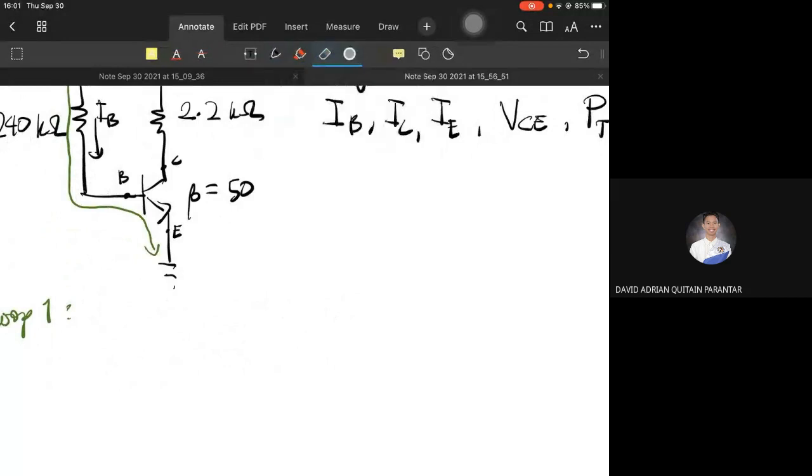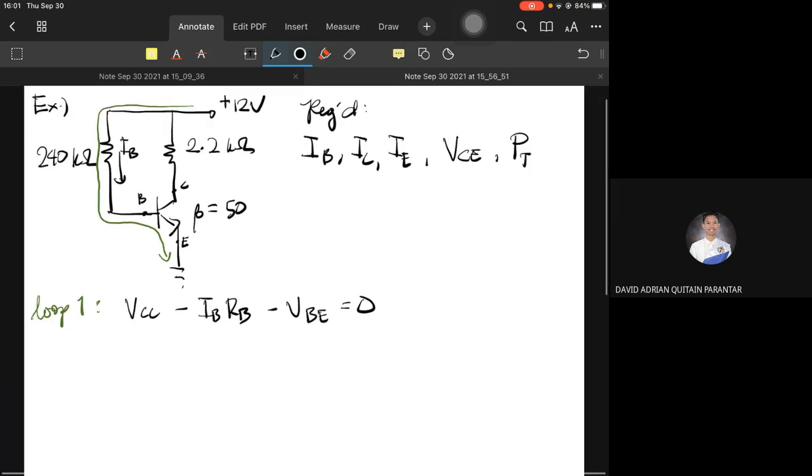Generalize. VCC minus IB RB minus VBE equal to 0. Okay? So VCC minus IB RB minus VBE, then ground, so equal to 0.